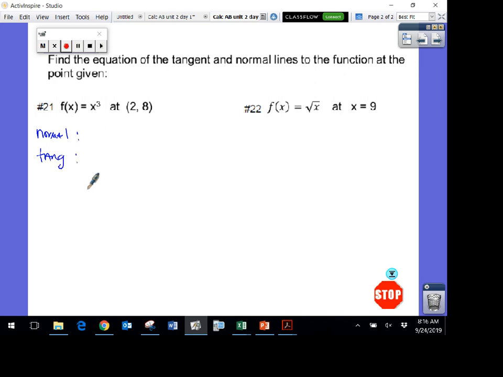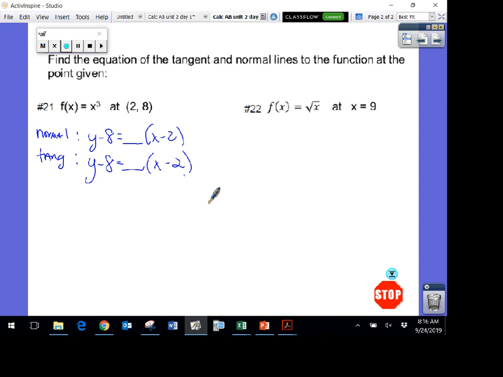We know it's going to be y minus 8 equals something times x minus 2. Same thing here, y minus 8 equals something times x minus 2. We've just got to figure out the slope of the tangent line. Once we do, we take the opposite reciprocal and plug that in.